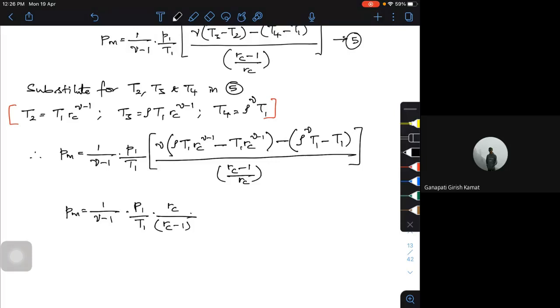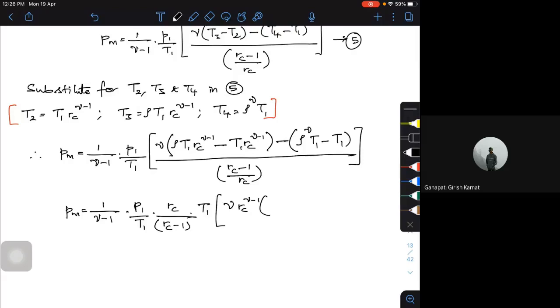Then I'm taking T1 outside. Then it is gamma into, I have rho, I can write it as RC to the power of gamma minus 1 and rho is there. So RC to the power of gamma minus 1 is common. I can take RC to the power of gamma minus 1 outside.